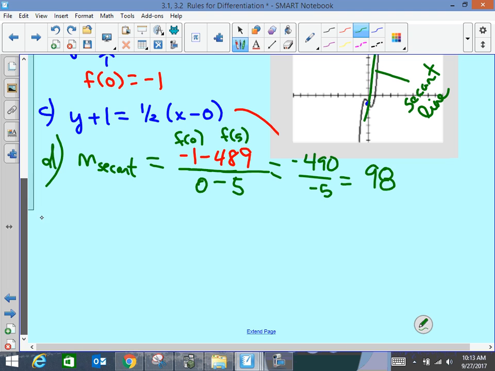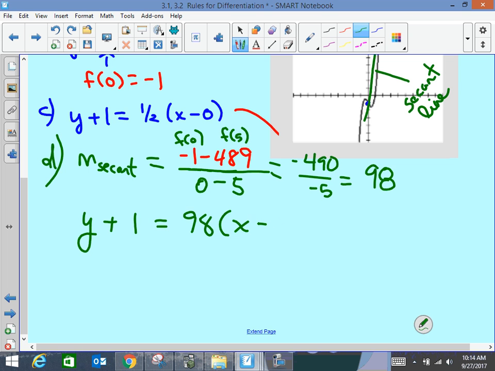Okay, now, equation of the secant line. So y minus, who's got it? We got all the information up here, we just have to grab it. Go ahead. Plus 1 equals 98 times x. So you're basically saying that? Yeah, but wait, why are we at (0, -1) still?